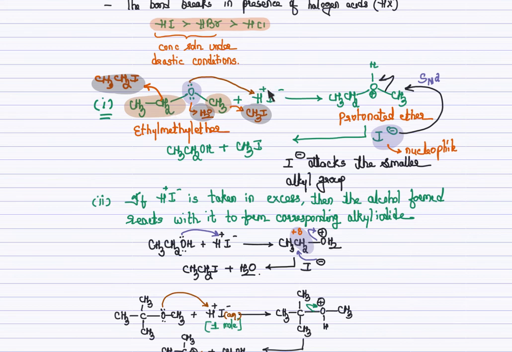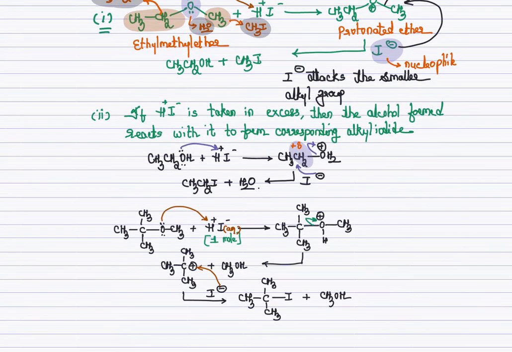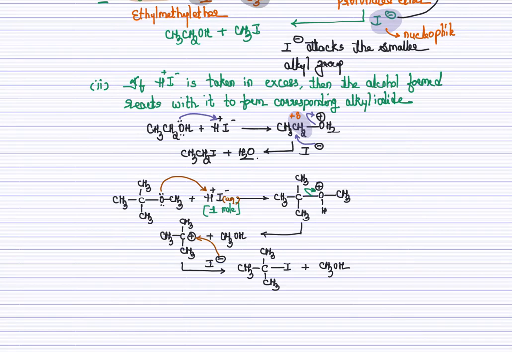If they use excess, then both of them would become corresponding alkyl halides and oxygen would become water. On the other hand, if they use only 1 mole, then the smaller part becomes alkyl halide and the bigger part becomes alcohol. However, if one of the alkyl groups here is a tertiary alkyl group, and you use aqueous HI, 1 mole, then you have to decide which part becomes alcohol and which part becomes alkyl halide.